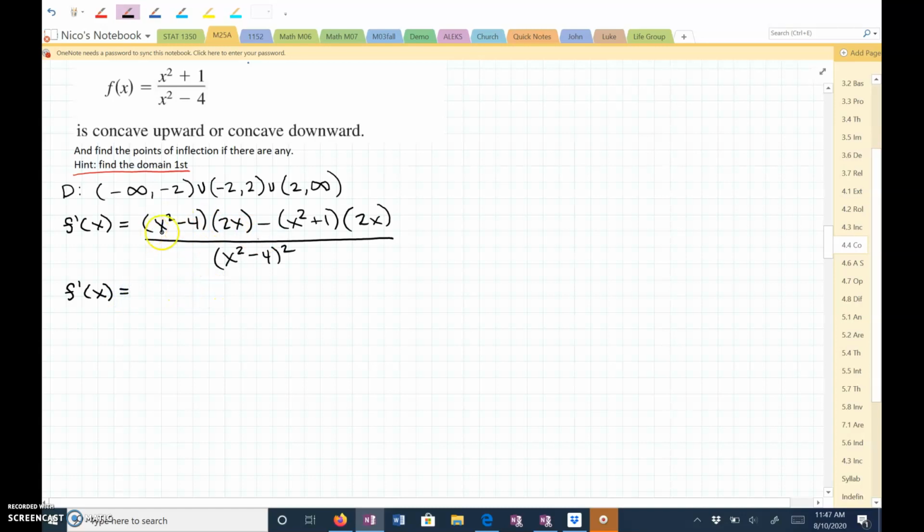Now the numerator I'm going to multiply here. So this is going to be 2x cubed minus 8x, minus, multiply here, this is going to be 2x cubed plus 2x, all over the denominator, which is x squared minus 4 squared.